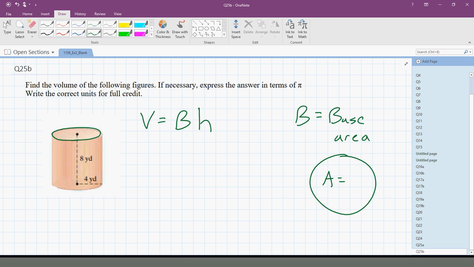No, that's a number, I want a formula. You're pointing to it. Pi r squared. Pi r squared. So our volume formula, all we got to do is pi r squared h.